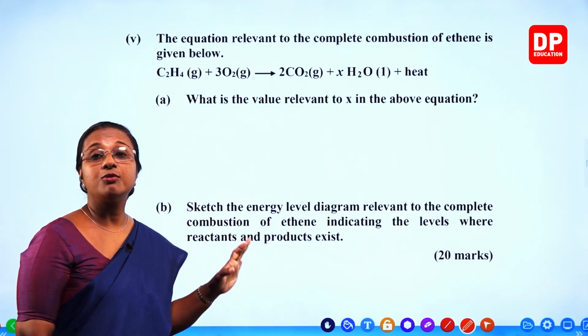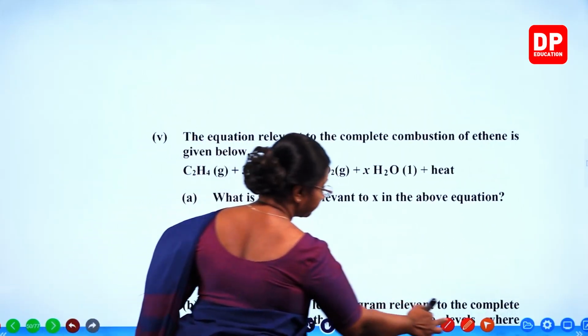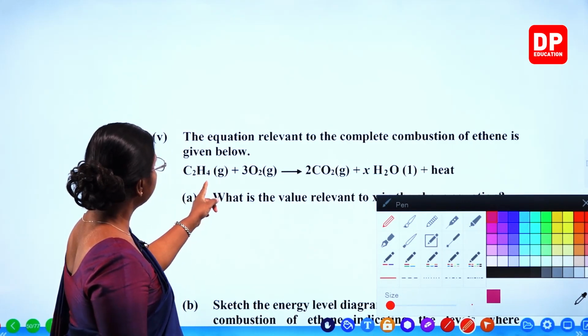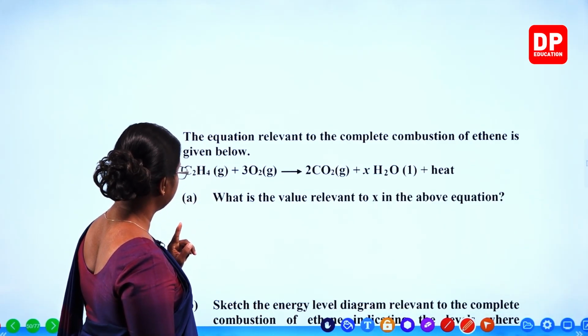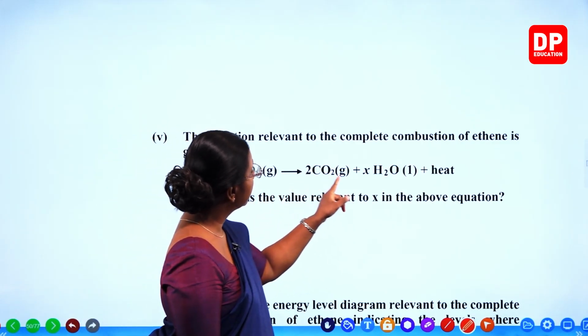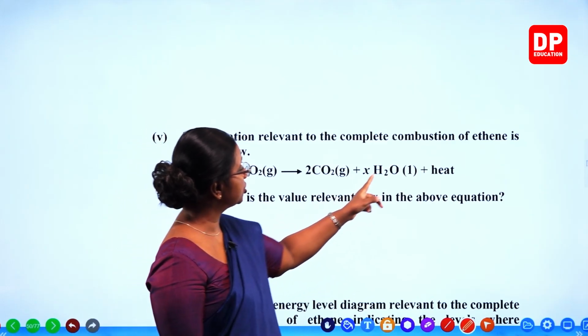So you all know how to balance chemical equations. Here, if we look at the reaction, C2H4 gas, ethene gas plus 3 O2 gas, there are 2 CO2 gas molecules as the product and H2O.